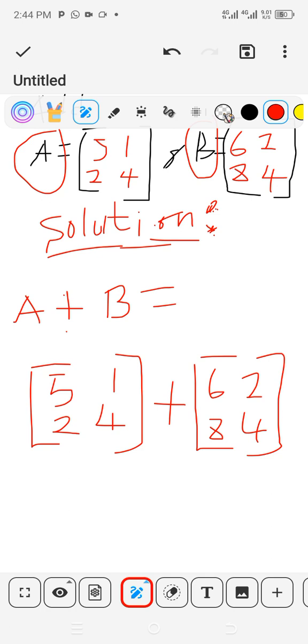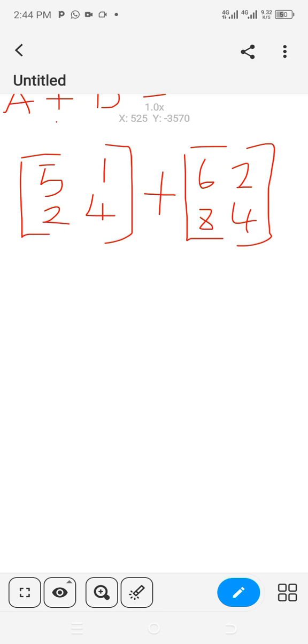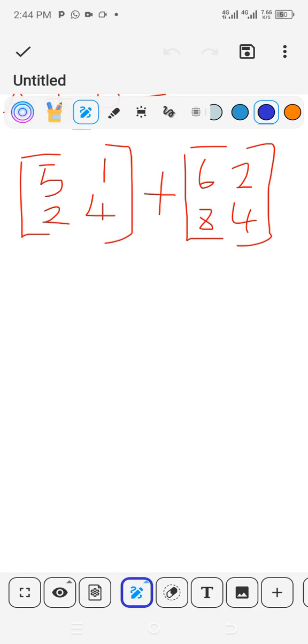So we have to add these matrices. And how do we do that? It's very simple. We are simply going to be adding the numbers in column A plus the numbers in column B. And also we are adding the numbers in row A plus the numbers in row B. So our first step here will be, the first element we have in A is 5.